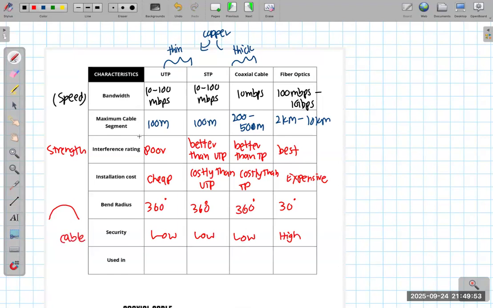Where do we use these? Unshielded twisted pair is mostly used in telephone lines and Ethernet network lines. Coaxial is mostly used in antennas, and you can find it in antennas, and this is for internet.